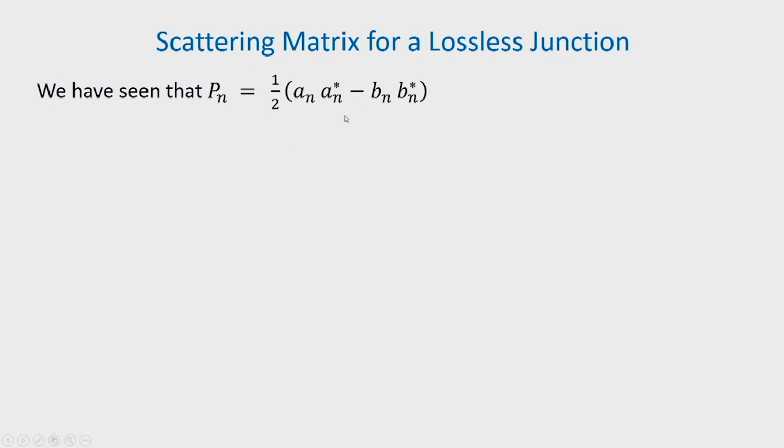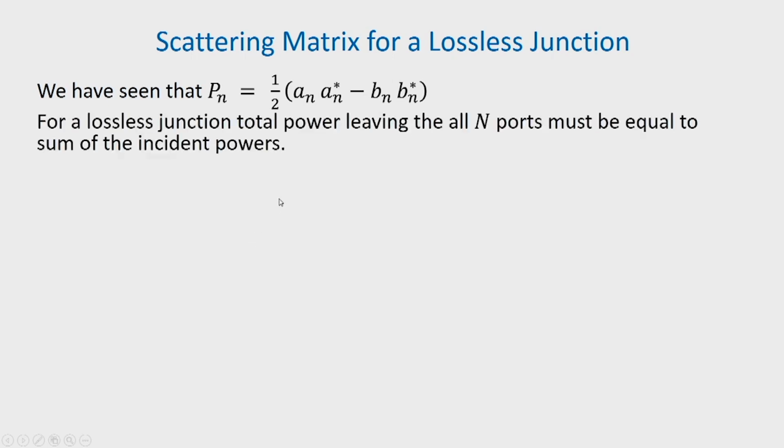This is the incident power and this is the reflected power. So, when the junction is lossless, total power leaving all n ports must be equal to the sum of the incident powers, and we will have sigma P n equal to 0, and from there we can write summation of B n B n conjugate is equal to summation of A n A n conjugate.